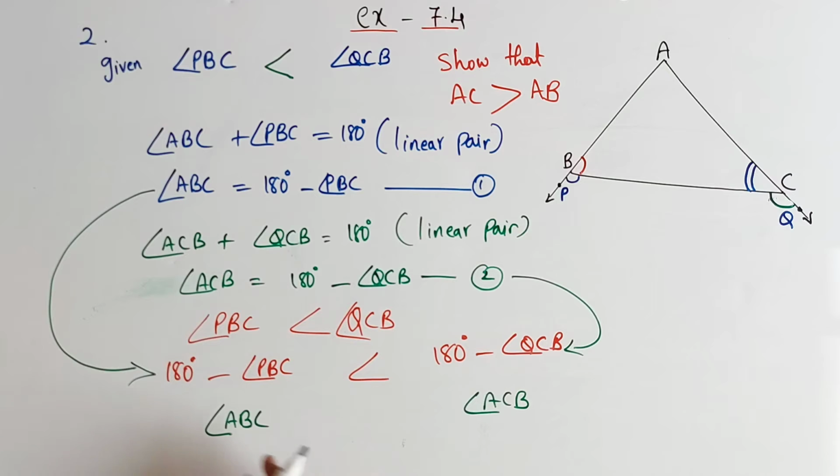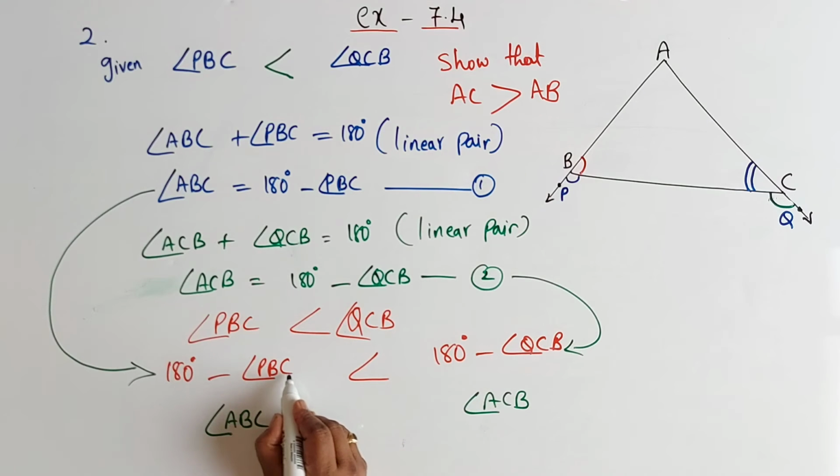See, if 180 degrees minus angle PBC, if you are subtracting 20 degrees, 180 degrees minus 20, it is 160. Right, children? If you are subtracting, this is the greater angle, no? Take 40 for angle QCB. 180 degrees minus 40, it will be 140. Then this value will be lesser.